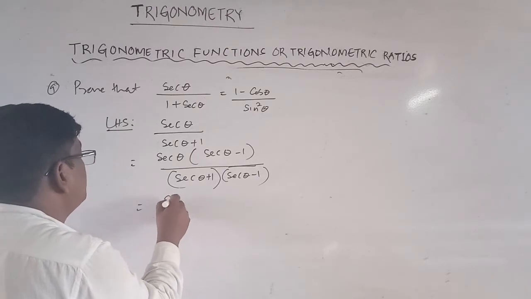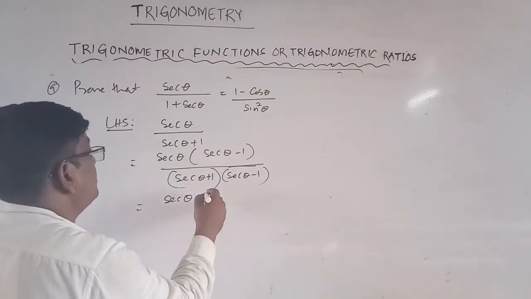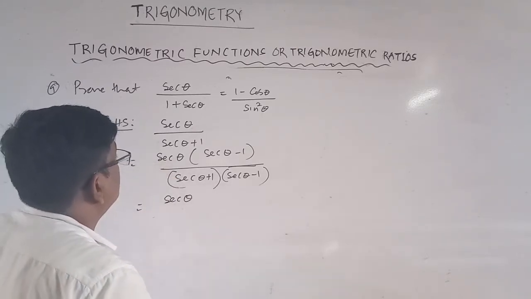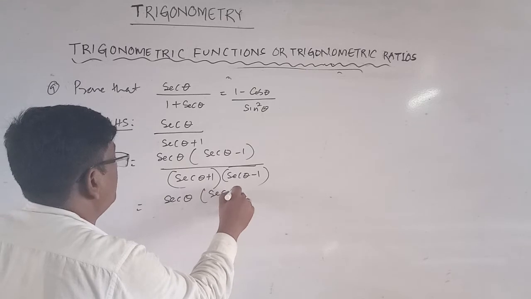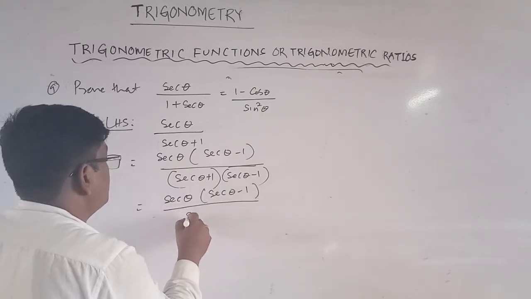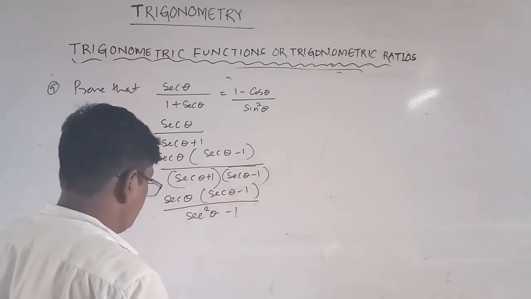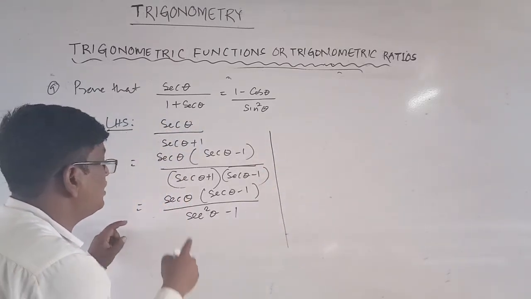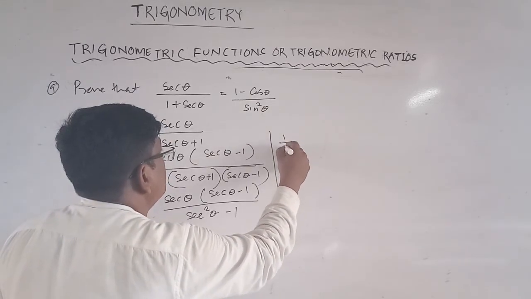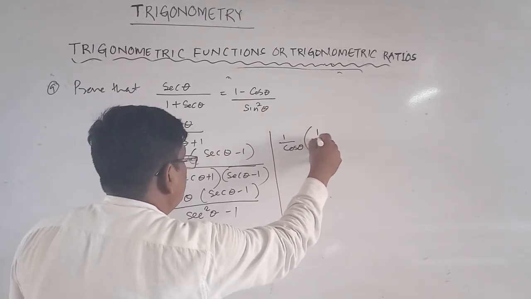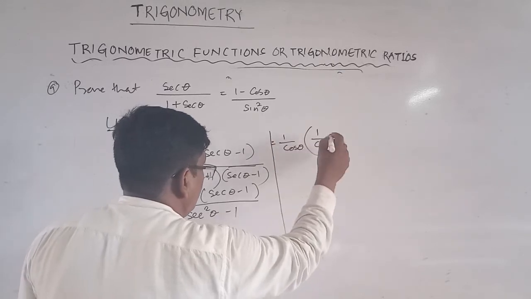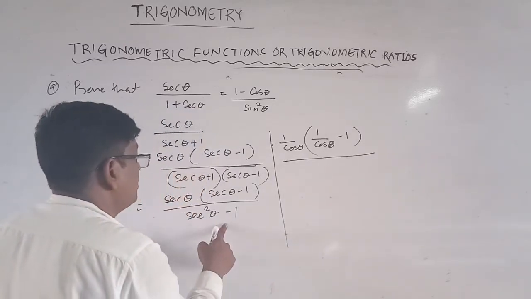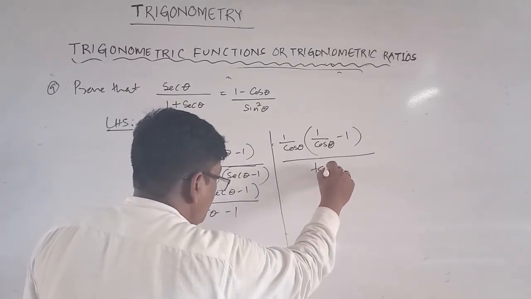So here in the numerator we have sec theta into sec theta minus 1, divided by sec square theta minus 1. Here sec theta means 1 by cos theta, and this is 1 by cos theta, and this is 1 by cos theta minus 1, whole divided by sec square theta minus 1, which means tan square theta.